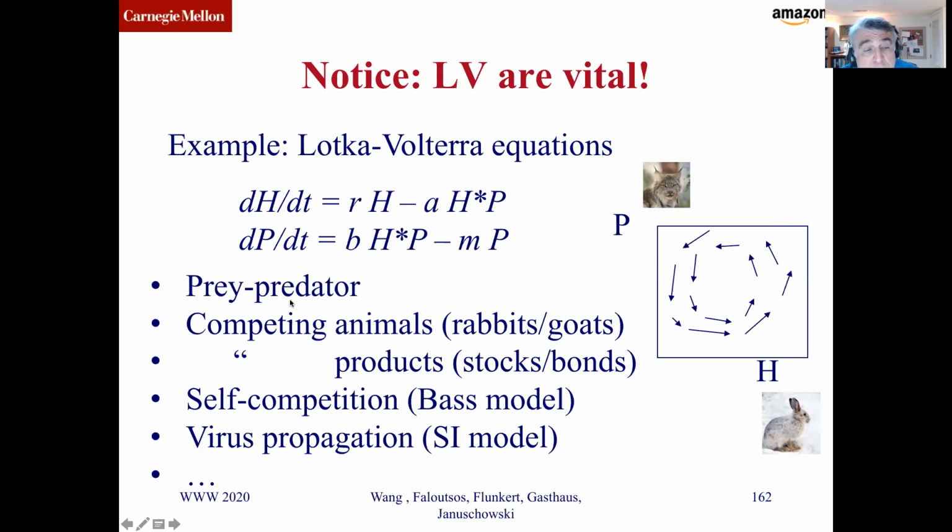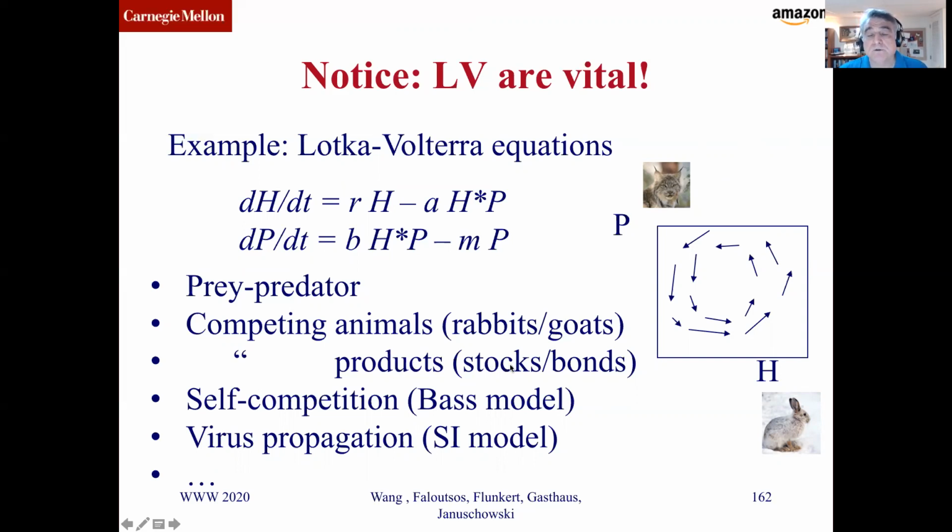These equations model prey-predator relationships, as we mentioned before, lynx and rabbits. They also can model competing animals like rabbits and goats. This is not a prey-predator relationship, but they compete for grass, for example, and resources. The same goes for competing products, market penetration, people, stocks versus bonds.